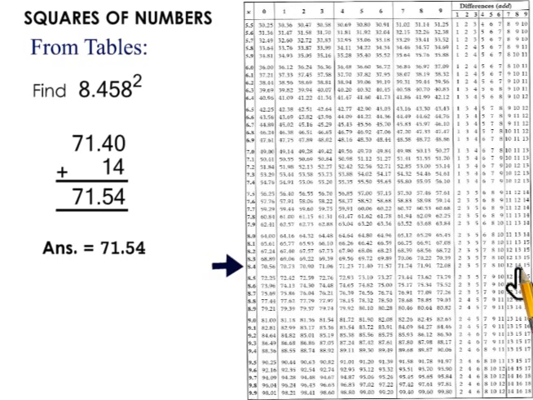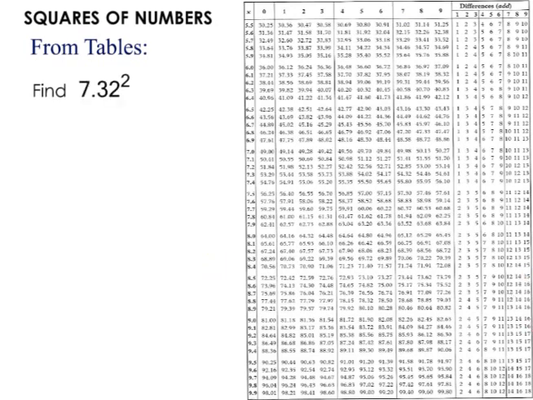From this table, you realize you can only find the square of numbers with a maximum of 3 decimal places. So if there are more, you have to round off the number. Next, 7.32 squared.